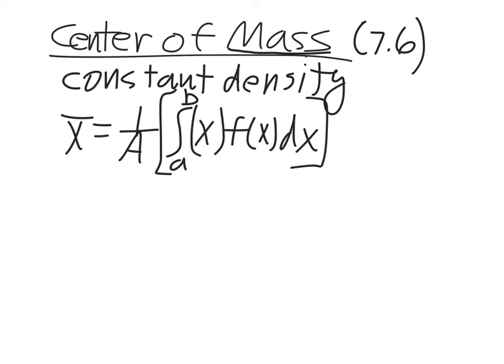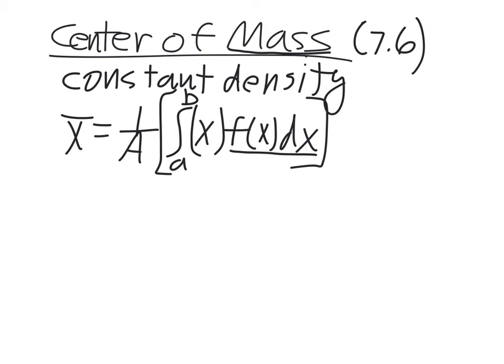x represents the distance from the y-axis, and f of x dx would represent area. Well, mass is density times area, where the density is a constant, and in the handout we use the Greek letter rho, which looks kind of like a P, but it's Greek.